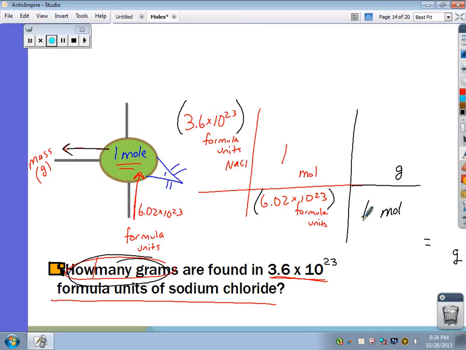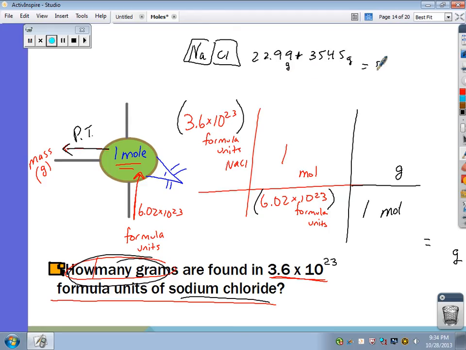And what do I pass by? The periodic table. I'm doing NaCl. Remember, NaCl was 22.99 plus 35.45, and that was grams off the periodic table, which equals 58.44 grams, and that goes right here.